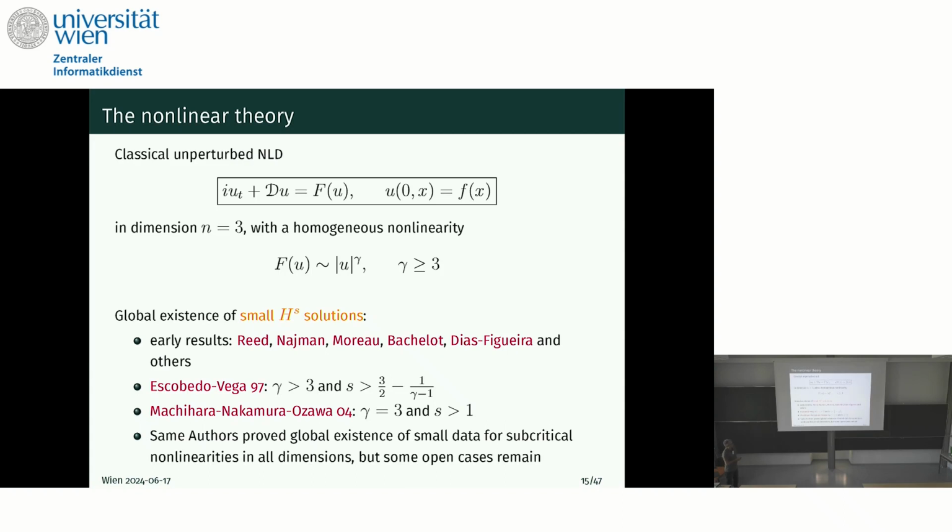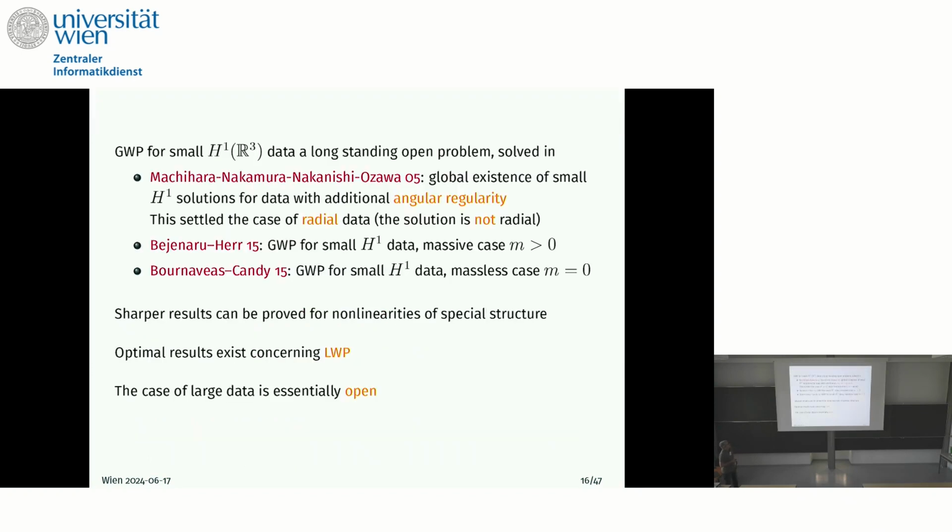This is for dimension 3, but there are corresponding results by a Japanese group for any dimension. So this is more or less what you expect. For instance, the problem of global well-posedness in 3D for the cubic equation in the energy space H1 was hard to solve. We're talking about small data.